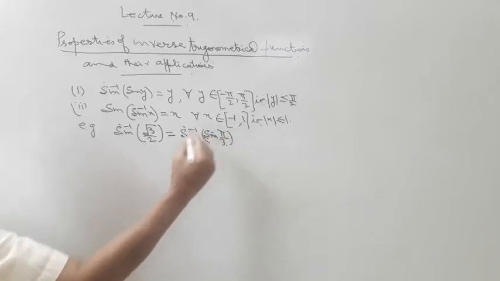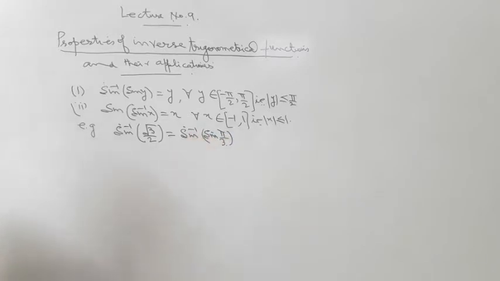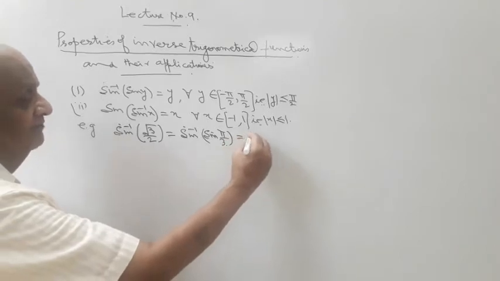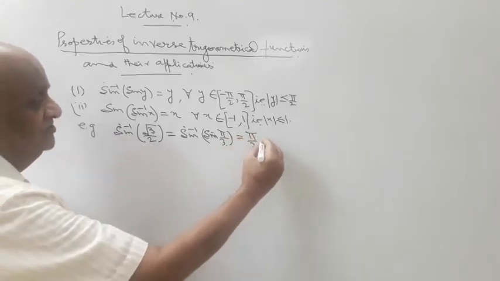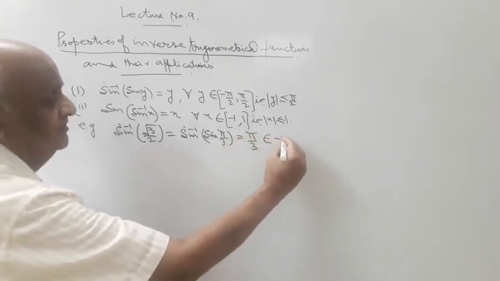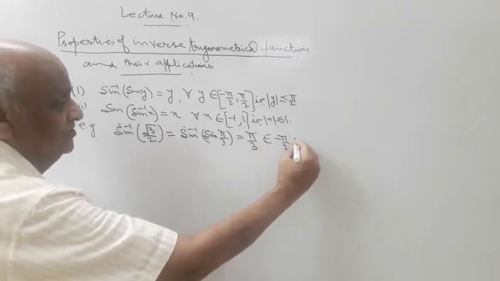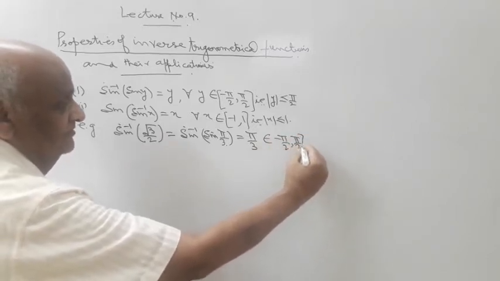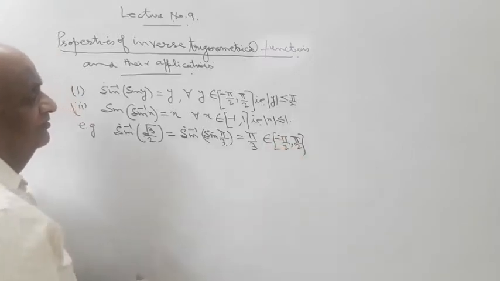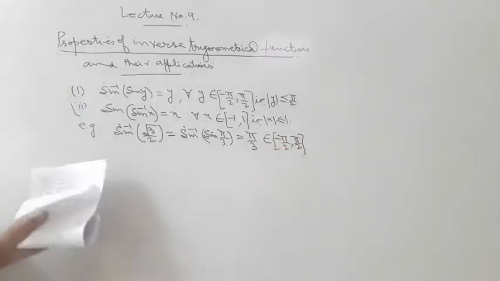Sine 60 degrees is under root 3 by 2, and this is equal to pi by 3, but you must check that it belongs to the principal value branch. Therefore pi by 3 is the value in this case.